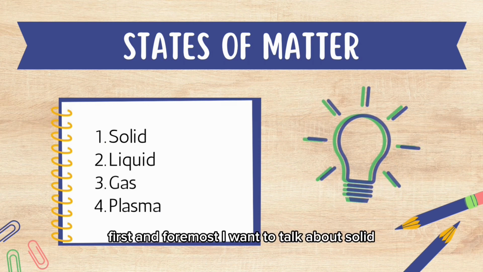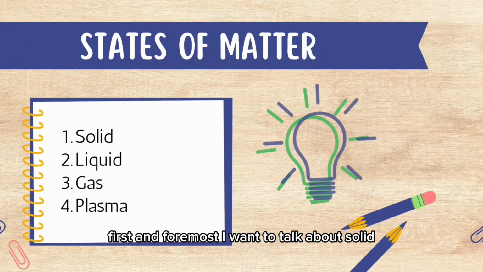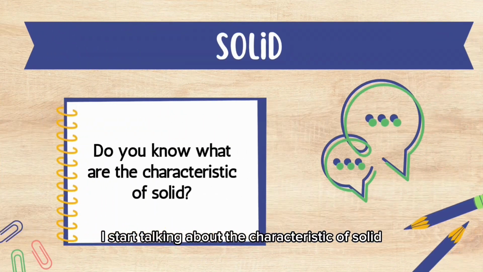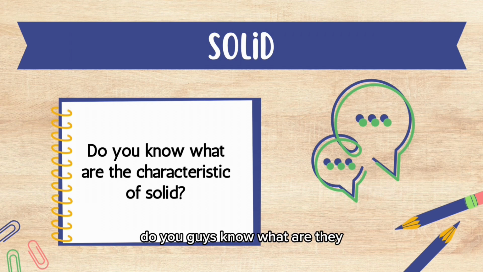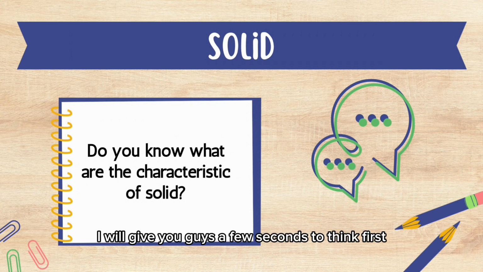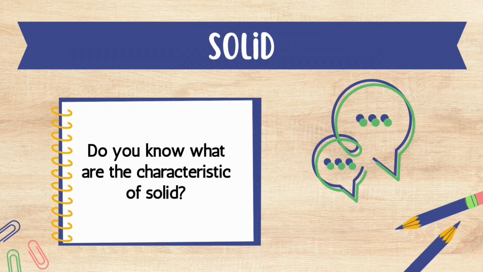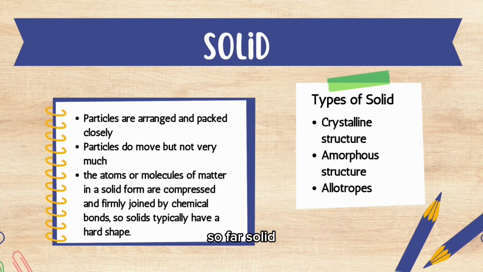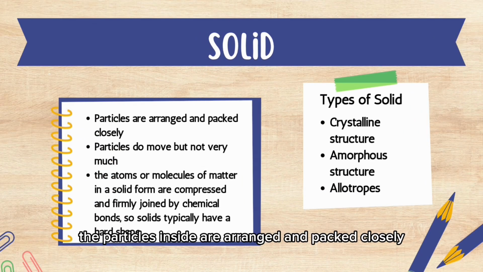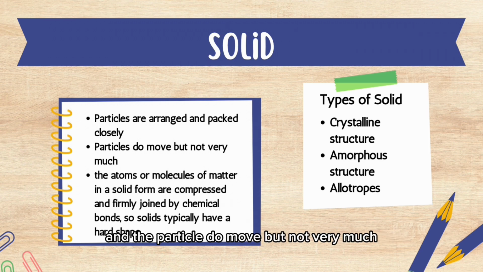First and foremost, I want to talk about solid. So before I start talking about the characteristic of solid, do you guys know what are they? I will give you guys a few seconds to think first. Okay, time's up. So for solid, the particles inside are arranged and packed closely, and the particles do move, but not very much.